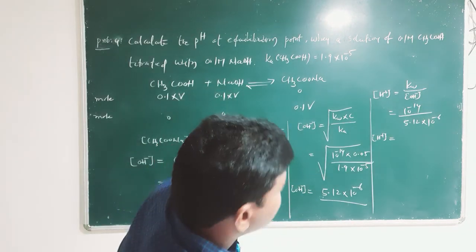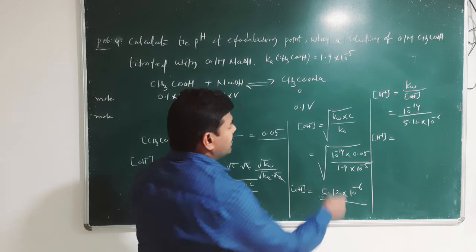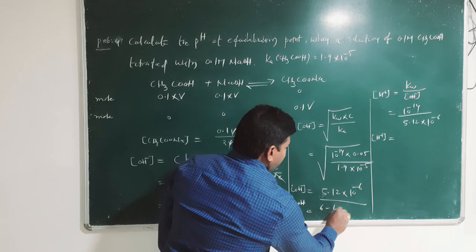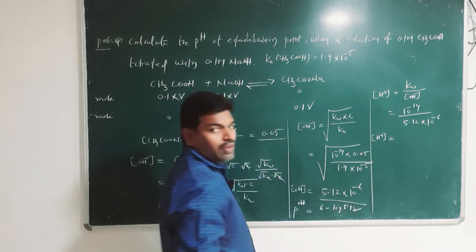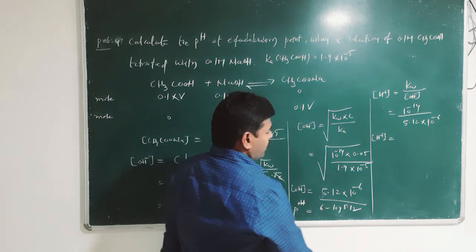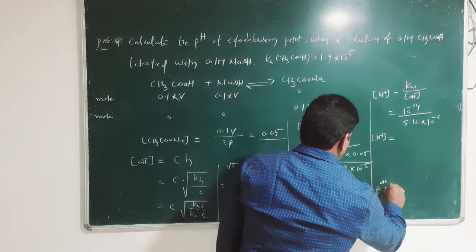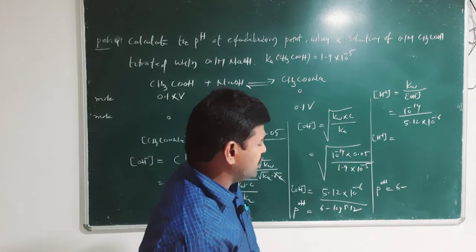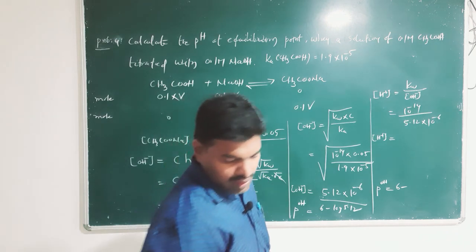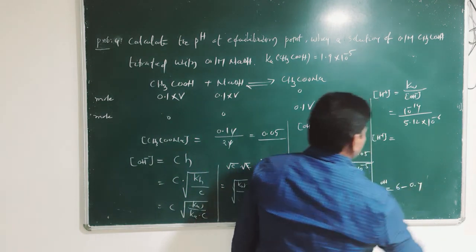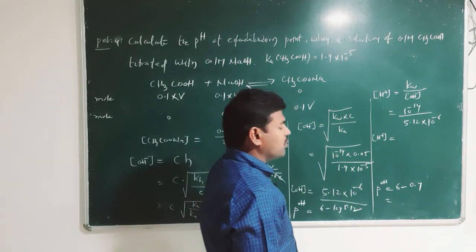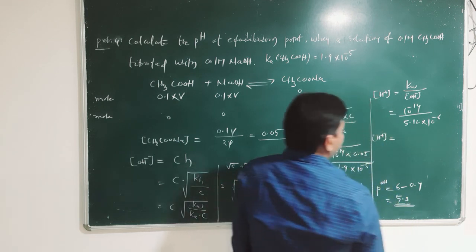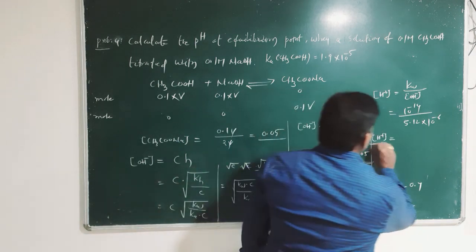There is another method for this. We can calculate the pOH. From this we can calculate the pOH, that is 6 minus log 5.12. Log 5 value is nearly approximately 0.7, which comes out to be 5.3. So pOH is 5.3. From this we can calculate the pH.